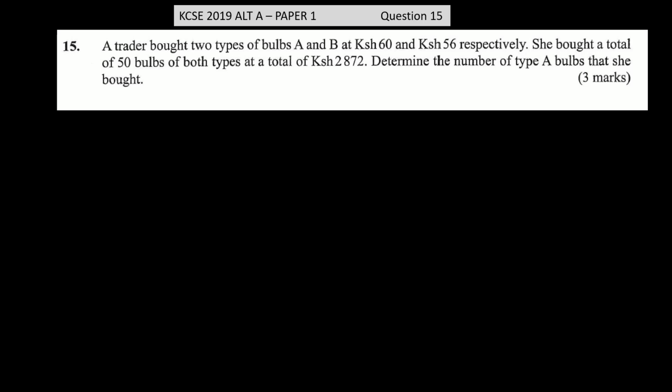To make this simpler for us, let's put A here, which is type A bulb, and B here, this is type B bulb. Type A bulb was purchased for 60 Kenya shillings, and type B bulb was purchased for 56 Kenya shillings.